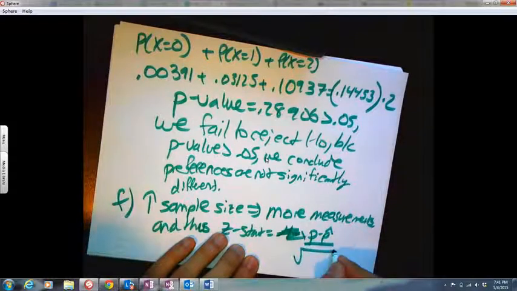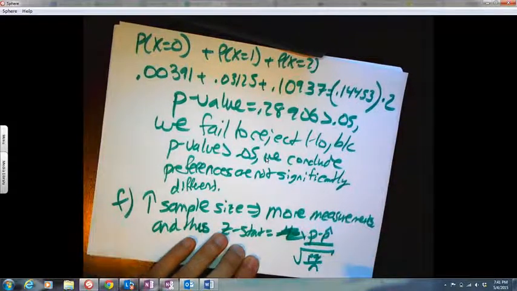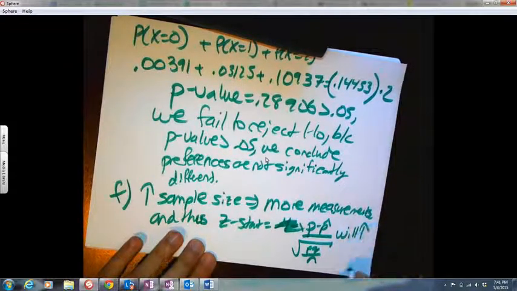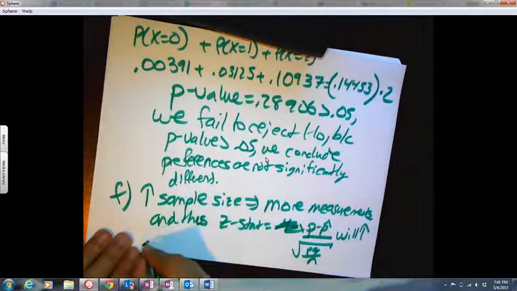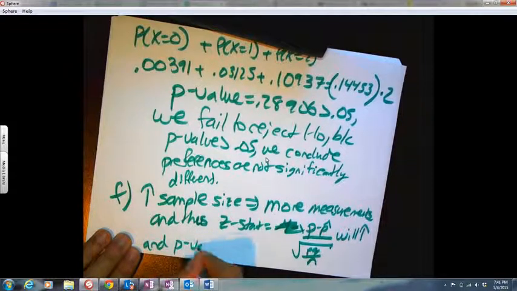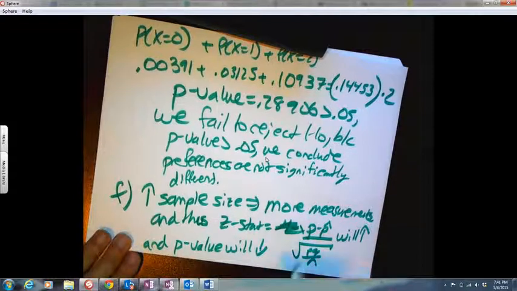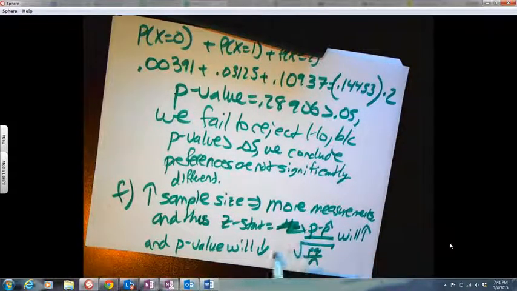Z-stat will increase and p-value will fall. If the z-stat goes up, right, the p-value has to fall, which will allow me to have a more robust statistical test.